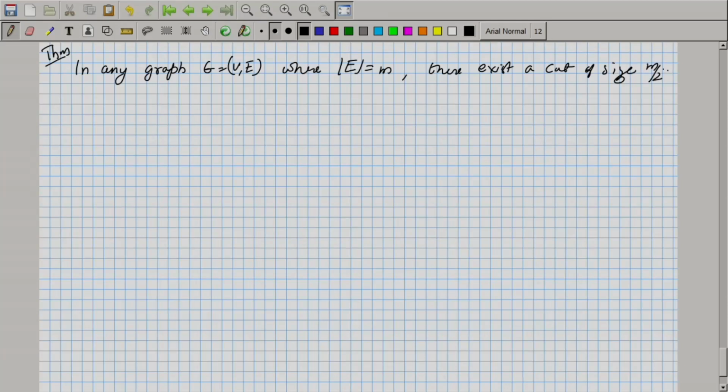That means, you can always find a cut in any graph such that half of the edges cross the cut. Okay. Proof is very simple.